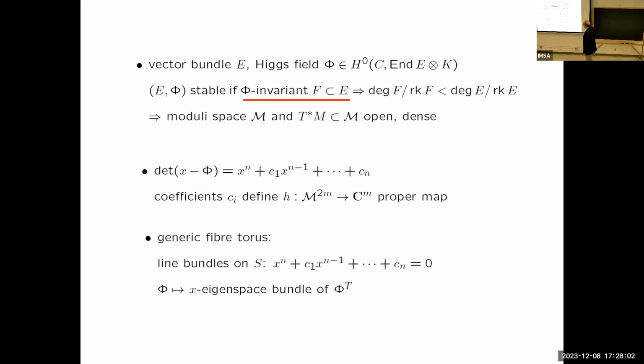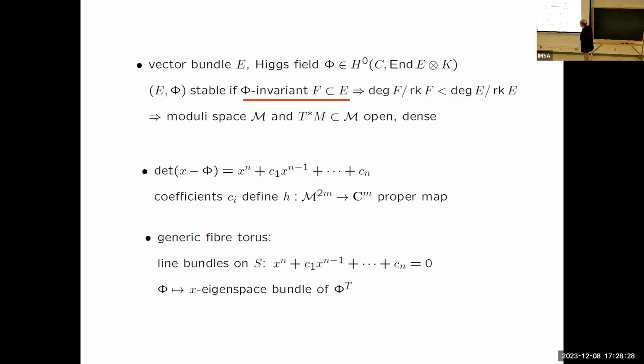So now, this was introduced over 30 years ago. You can look at a joint stability condition. If you look at a pair of objects, a vector bundle E and the Higgs field phi, then you can ask that the pair is stable if we restrict this slope stability condition to subbundles which are invariant under phi.